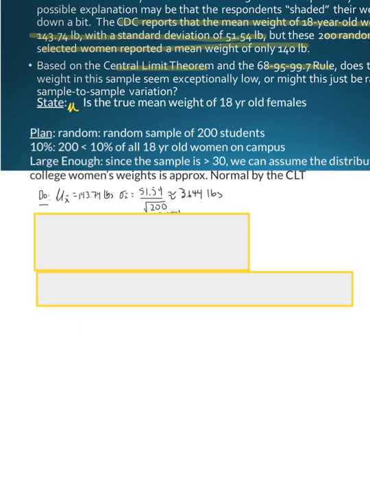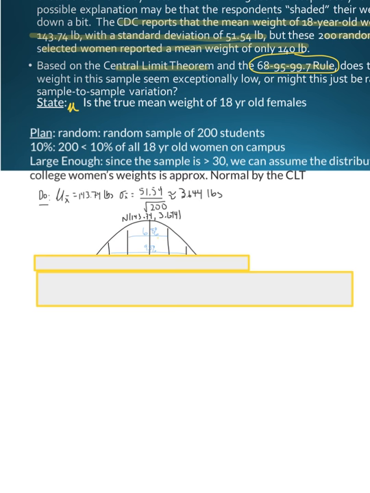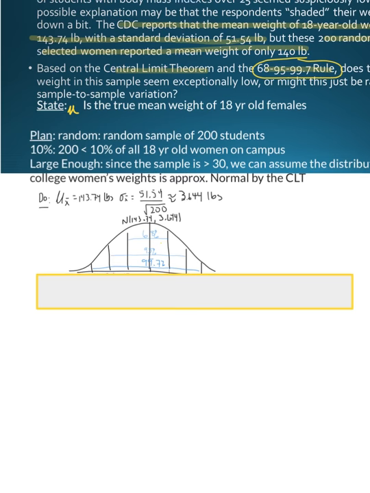Now, because this question said specifically to use the 68, 95, 99.7 rule, what we will do next is we will actually draw the picture there. And if we need to talk about the picture, we can definitely do that.